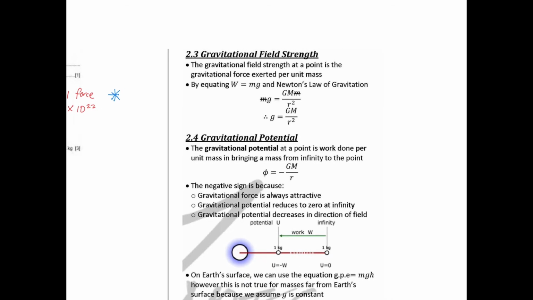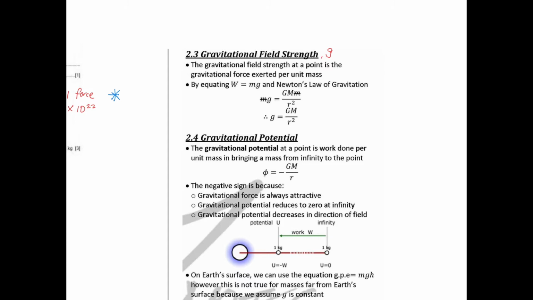Gravitational field strength again. Okay, gravitational field strength. So just now I already explained this is g. Gravitational field strength is g. So the gravitational field strength at a point is the gravitational force exerted per unit mass.